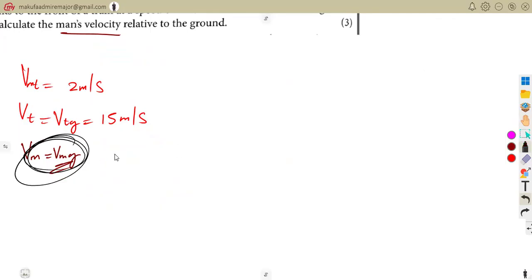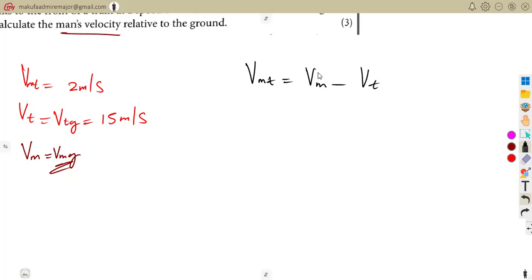We're going to take it from VMT. From VMT, we understand that VMT is equal to VM minus VT. So at the end, VM is equal to VMT plus VT.